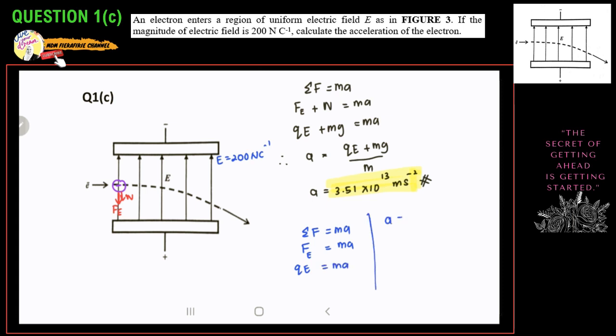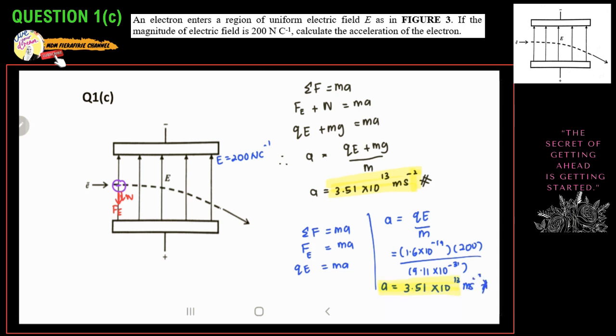Alright, therefore A is equal to QE over M. So when we substitute, Q is the charge of electron, 1.6 exponent negative 19. Okay, E is 200, where the mass of the electron is 9.11 exponent negative 31. Okay, so A dia awak tekan calculator, exactly equal to 3.51 exponent 13 meter per second squared.